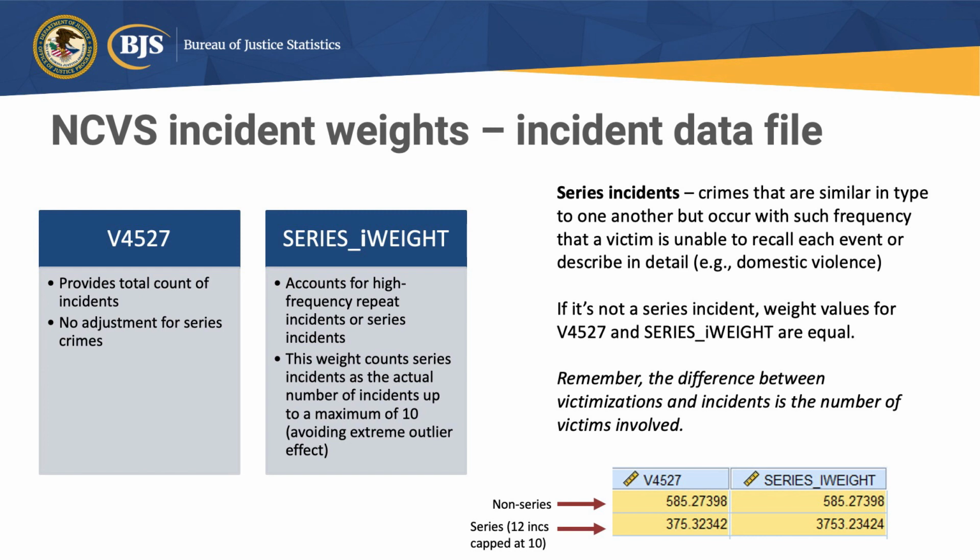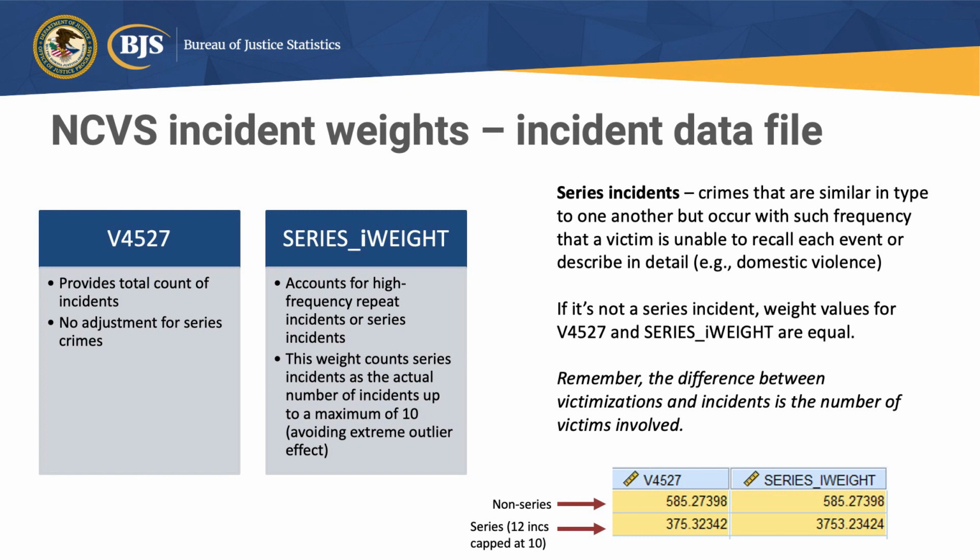So there are also 2 incident weights on the incident data file, which is similar to the victimization weights that I just discussed. One doesn't have an adjustment for series crimes. This one is V4527, provides a total count of incidents. And then one is adjusted for series crimes.